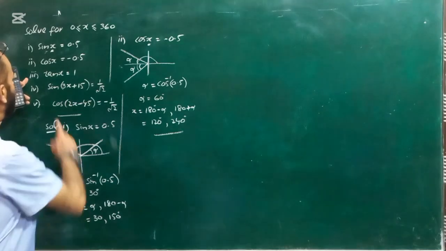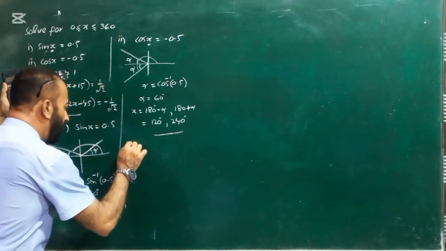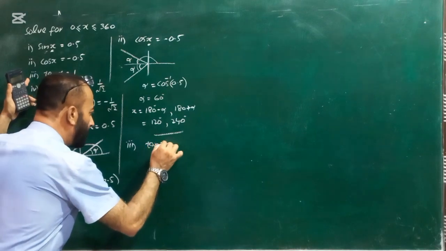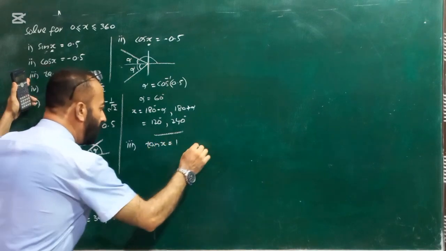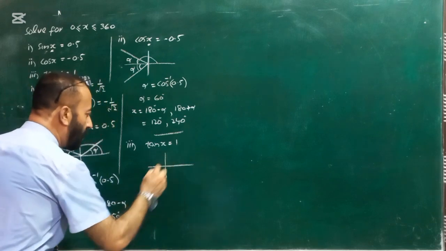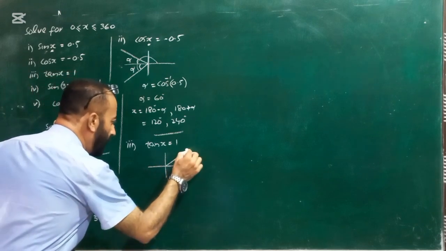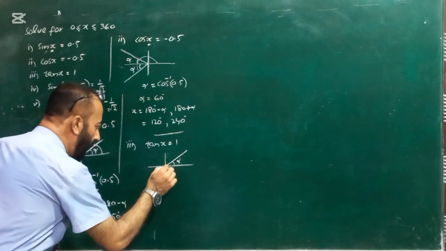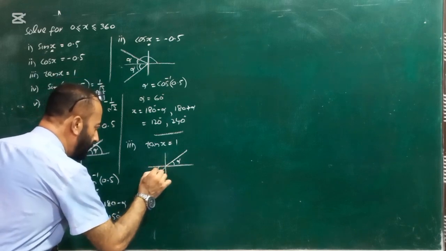Now moving further, tan x is equal to 1. So again look now, tan is positive in the first quadrant, all students take, and the third quadrant.